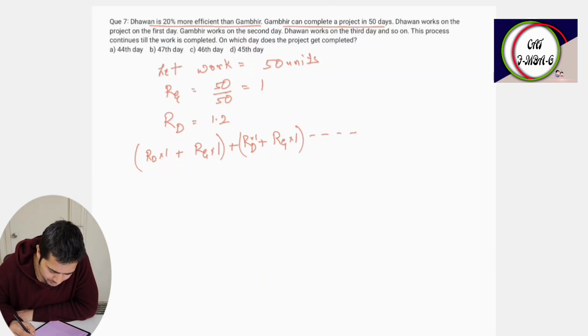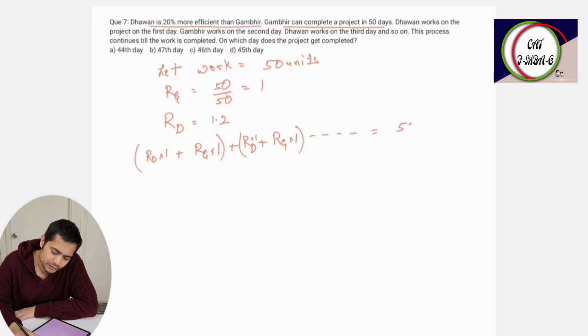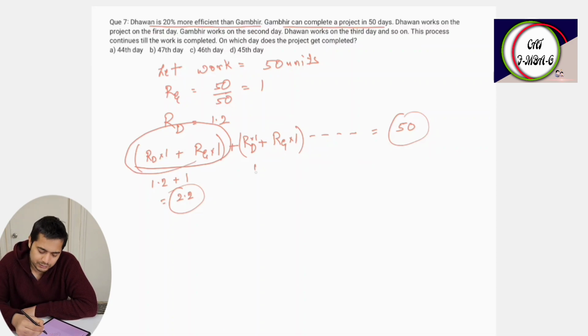On which day does the work get completed, with the work being 50 units? Rate of Dhawan plus rate of Gambhir, 1.2 plus 1, is equal to 2.2. This is one group of 2 days.